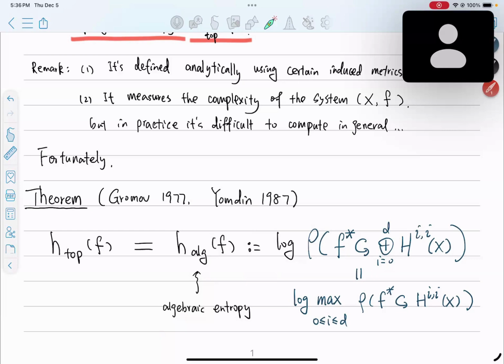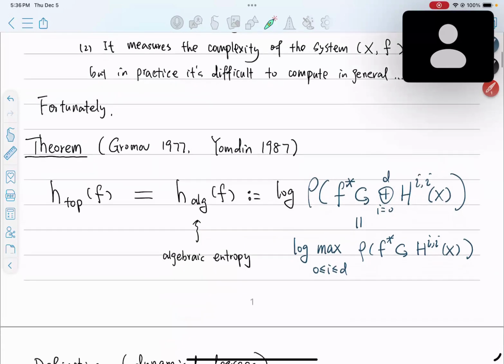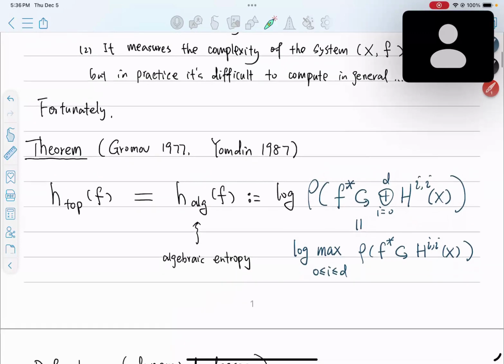So consider the pullback action of f, a surjective endomorphism, on the cohomology group. Actually, I only need to consider the cohomology groups of this kind, H^{i,i}, with the bidegree the same. Then the Gromov and Yomdin result tells us that the topological entropy is equal to the right hand side, this algebraic invariant.